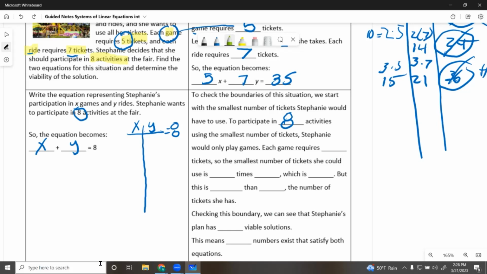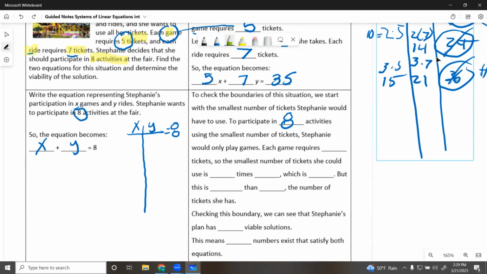Okay, one of the last problems here says write the equation representing Stephanie's participation in X number of games and Y rides. Stephanie wants to participate in 8 activities at the fair.